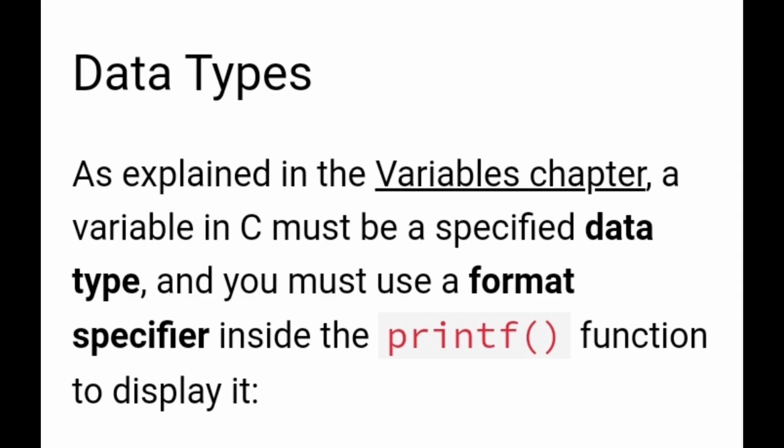Data types in C. As explained in the variables chapter, a variable in C must be specified with a data type, and you must use the format specifier inside the printf function to display it.